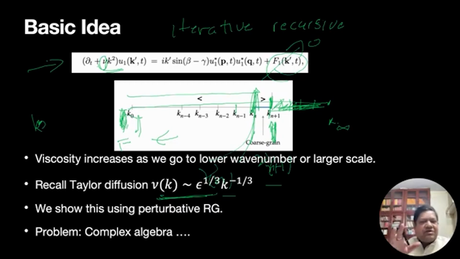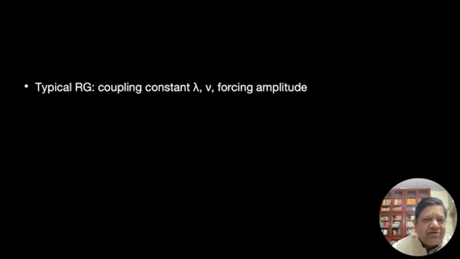This algebra in general is quite complex, but we'll use our Gray Herring basis, and I'll show you that it does simplify the algebra. So typical RG involves, okay, now we need to step back a bit. I'm not going to cover different RGs, but we just need to relate it with the previous work. There are three parameters which are renormalized in a typical RG procedure. What is lambda? Lambda is the coefficient in front of u dot grad u.